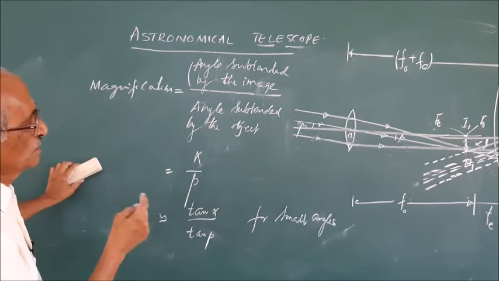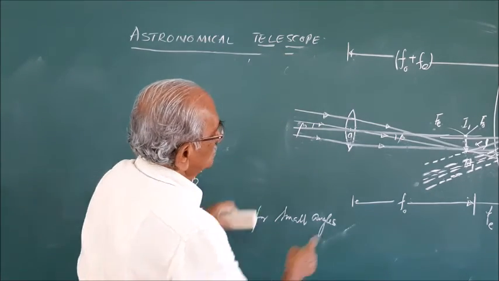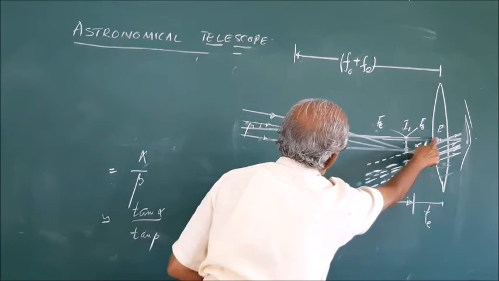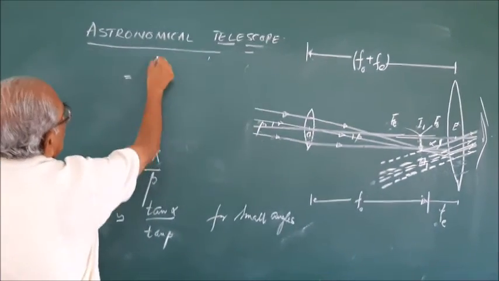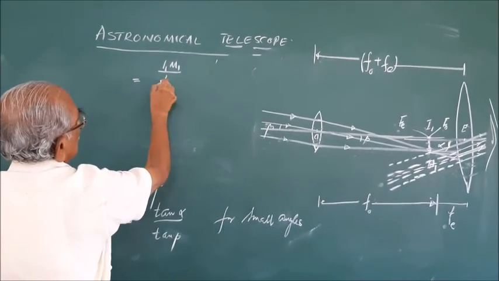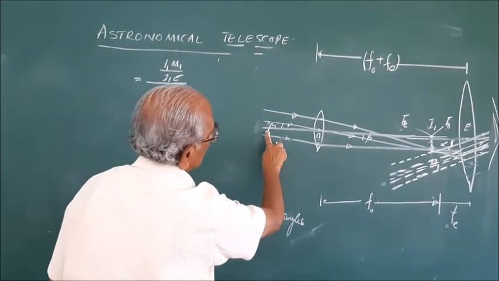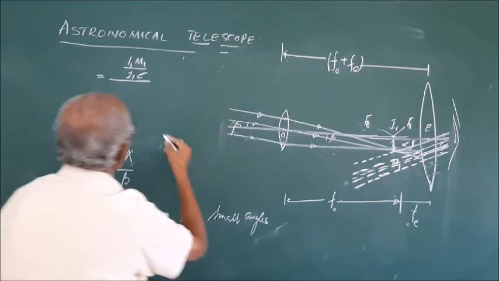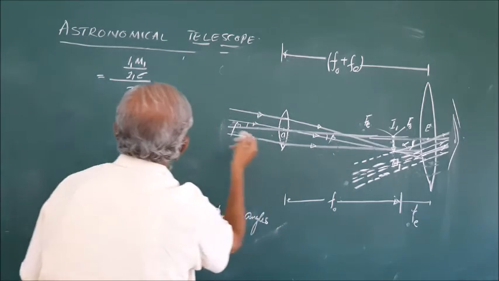Now, from the figure, tan alpha is I1M1 divided by I1E, the adjacent side, which is equal to FE, whole over tan beta. Tan beta is I1M1 divided by I1O.